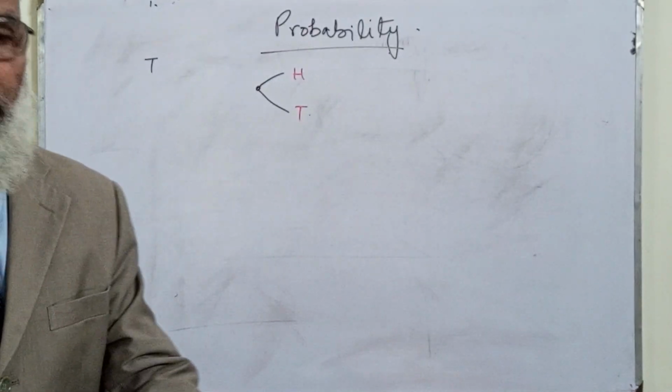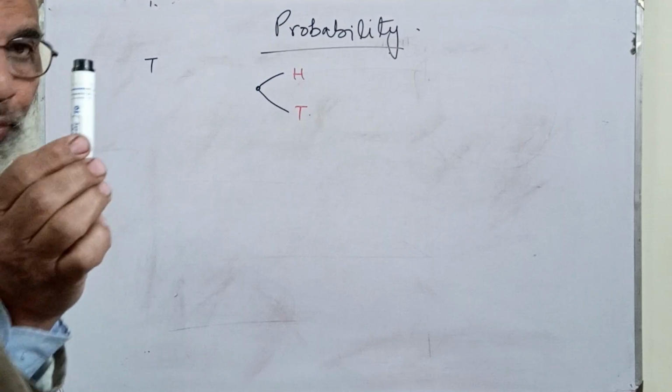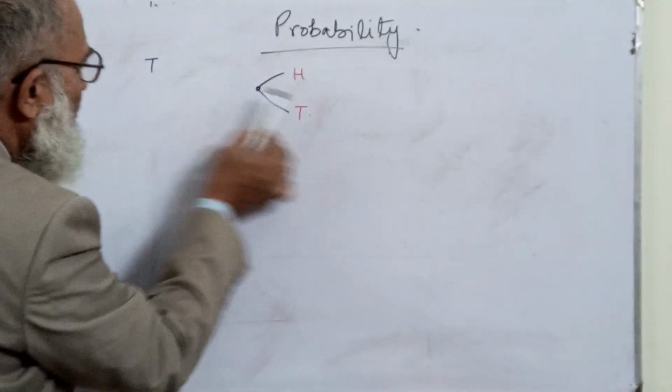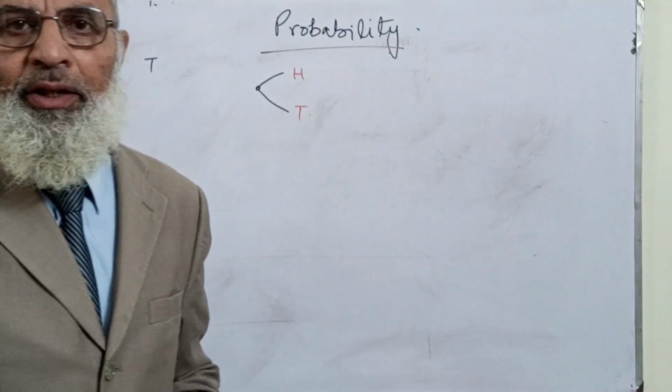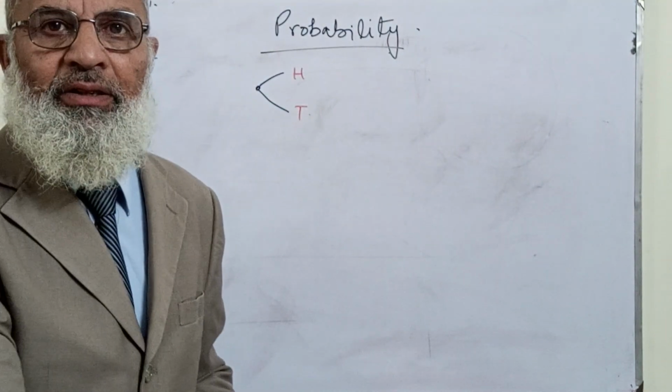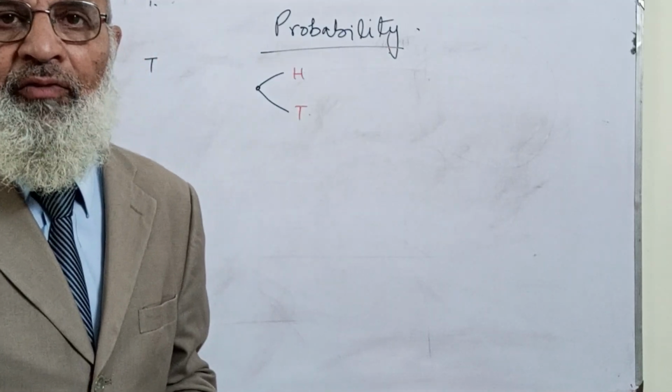Now one out of two outcomes has already been seen in my tossing of the coin. Now let me repeat this experiment for one more toss.